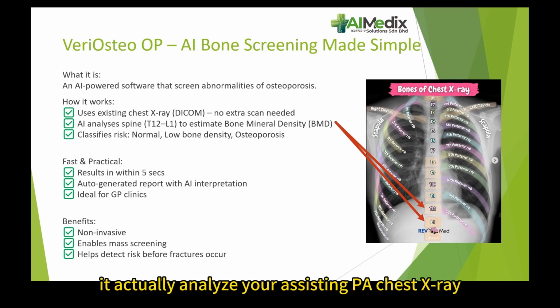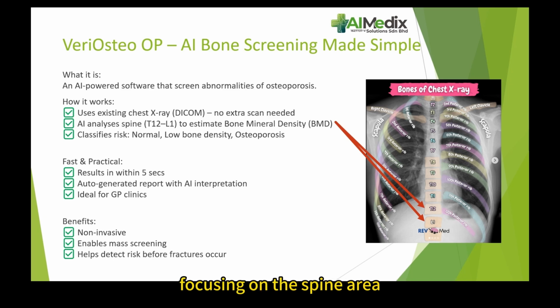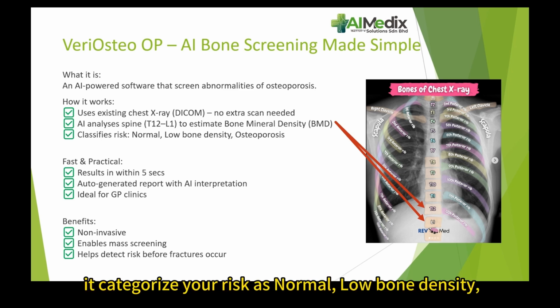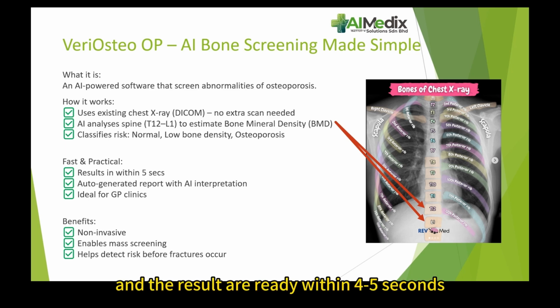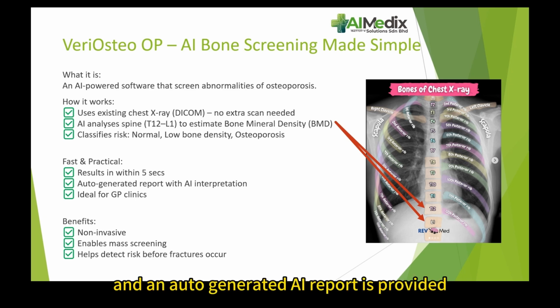It actually analyzes your existing chest X-ray, focusing on the spine area, specifically between T12 and L1, to estimate your bone mineral density. Based on that, it categorizes your risk as normal, low bone density, or osteoporosis. It's fast, the results are ready within 5 seconds, and an auto-generated AI report is provided.